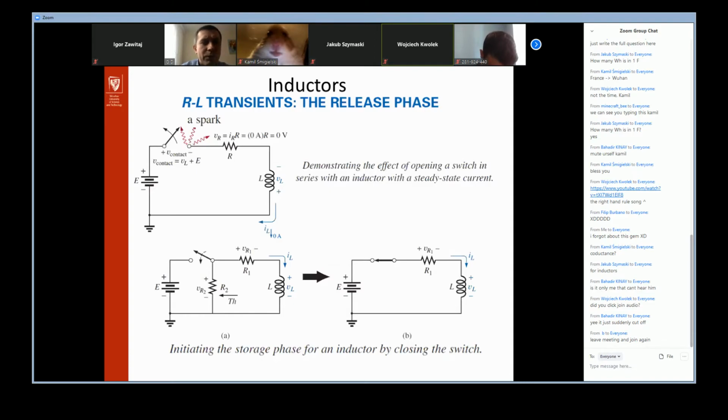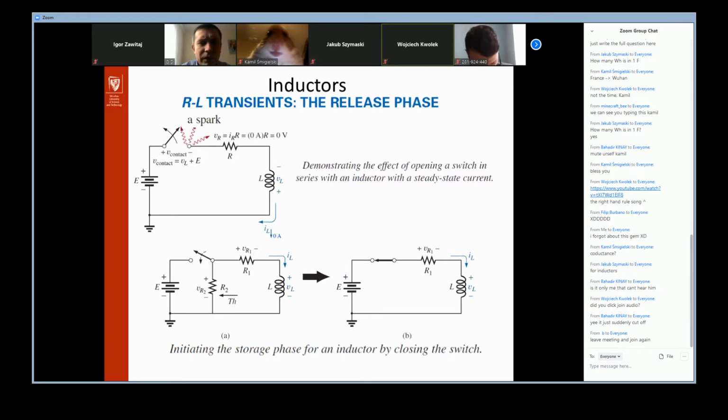So we don't observe an increase or extra induced voltage across the contact. Very small sparks can be observed when we turn on the switch, but they are connected directly to the current flow for the voltage equal to just E, the initial value of E, and the distance between the contacts should be so small to make the ionization of the air. That's why it is so.